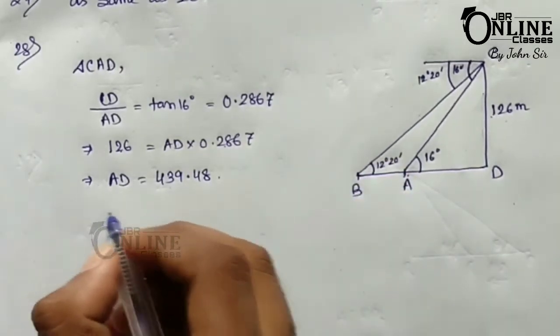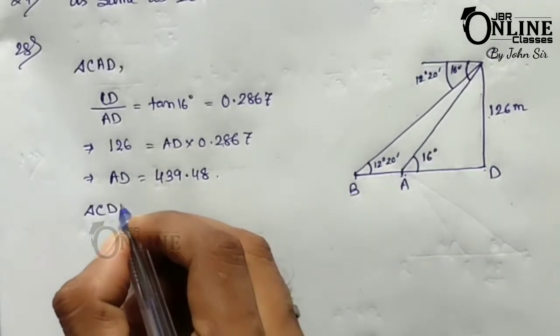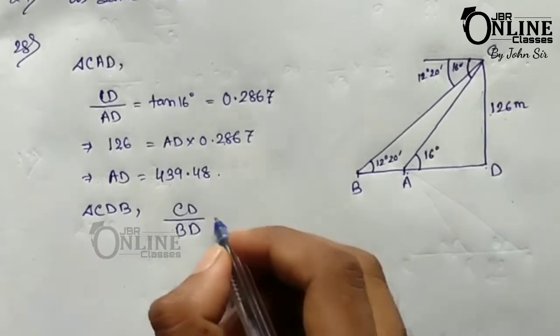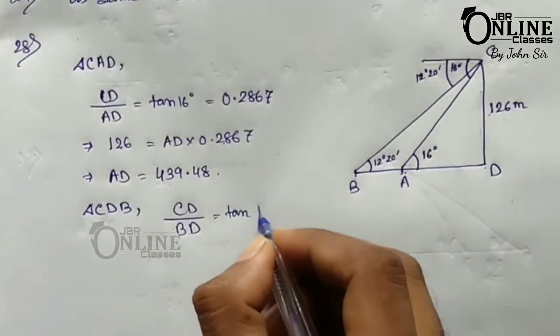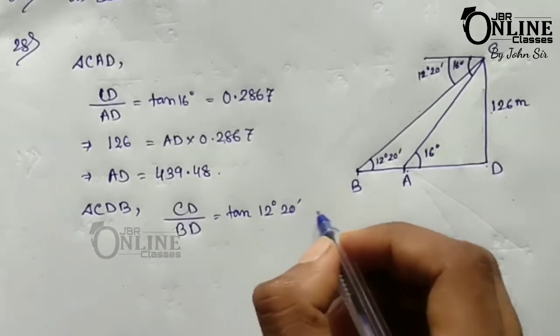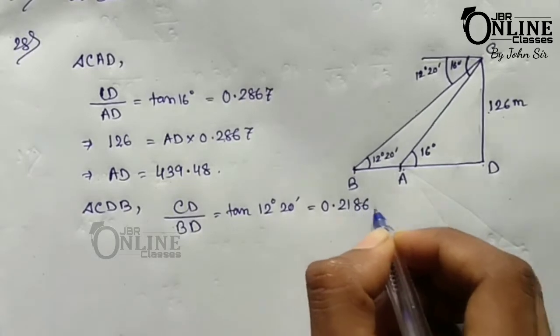Now next, from triangle CDB, tan of angle CBD equals CD by BD, as BD is the base, that equals tan 12 degree 20 minute. Now the value of tan 12 degree 20 minute equals 0.2186.